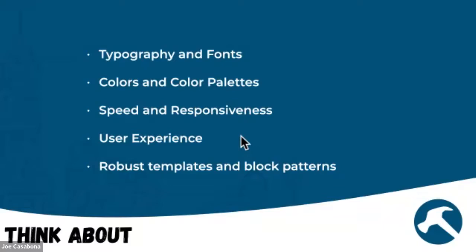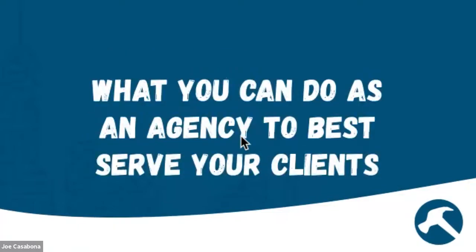There are 5 bullet points there, so I'm going to call that a win, though it's really almost 10. So these are the things that I think you can really focus on to create a good experience for your users, because ultimately we want to lean in to full site editing. So those are the things to think about when you're building your own theme.